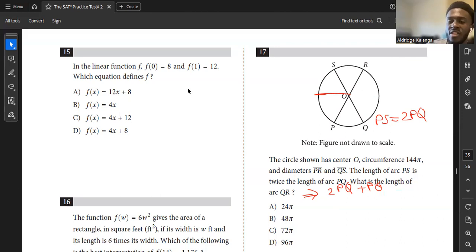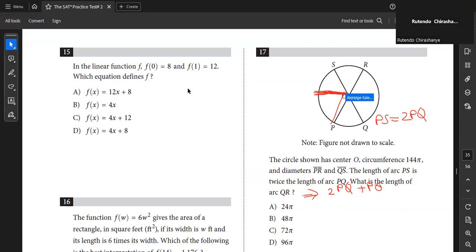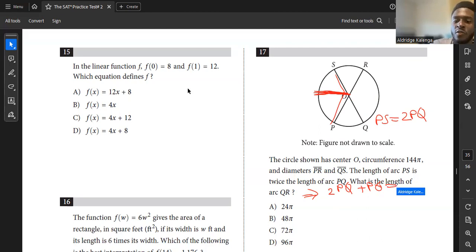This is actually the same as Aldine's, but his is way more straightforward. I'd seen that if this is going to be the same as that and this, then 2 times PQ plus PQ is going to be equal to 72 pi, because we're going to have the diameter.